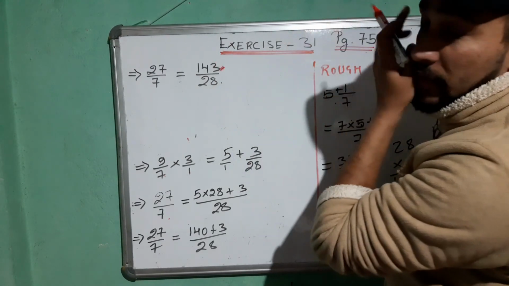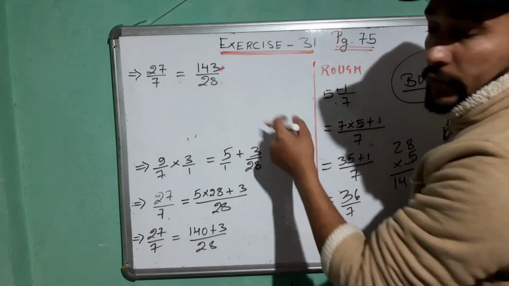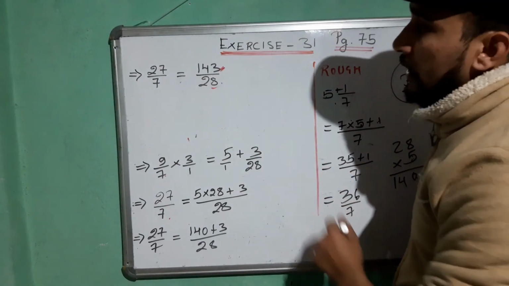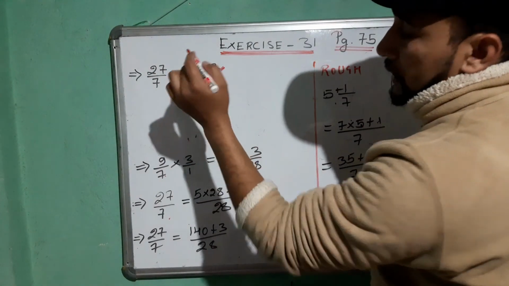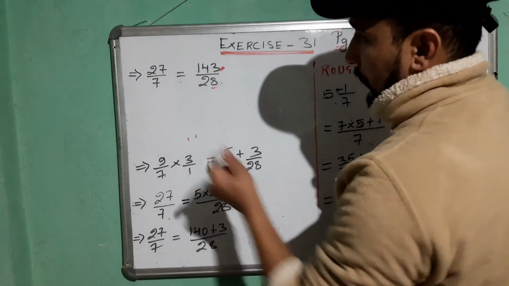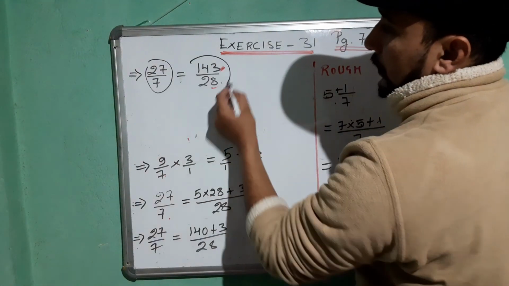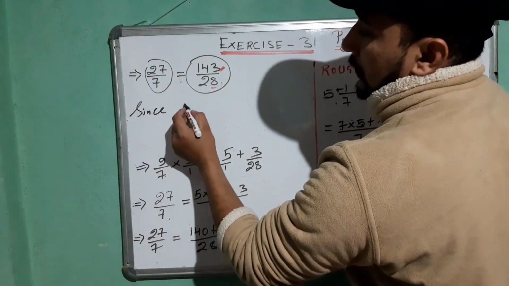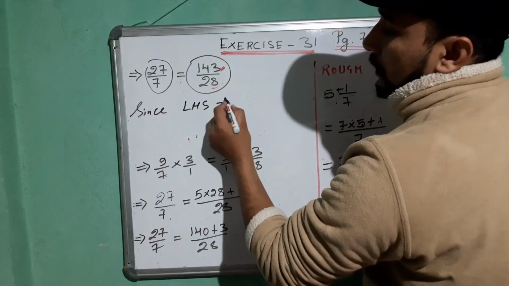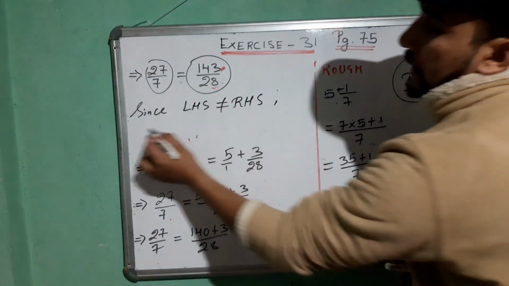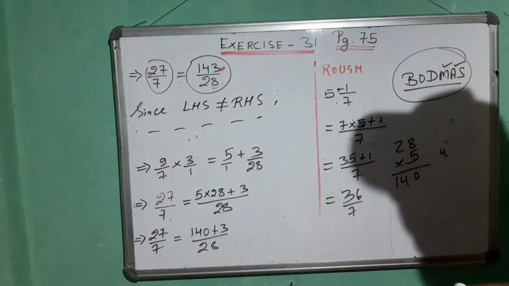With 5 and 6 you cannot cancel, with 7 this goes, this you cannot cancel. So this and this have no common factors, therefore this side you got different and this side you got different. Since LHS is not equal to RHS, the given statement you write down the final statement on your own.